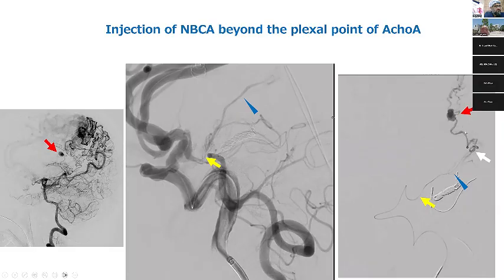If we want to treat this aneurysm, we inject NBCA glue from this artery. We have to go beyond the plexal point here. In this case, we could go beyond the plexal point, so we could occlude the aneurysm without any complications. So the plexal point is very important in the anterior choroidal artery.